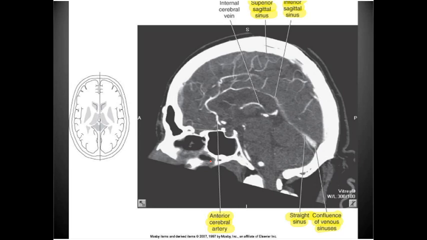So once again, we're looking at the sinuses. We have the anterior cerebral artery here with all of its branches, but then we also have venous return very quickly. We have the straight sinus, the confluence of sinuses.